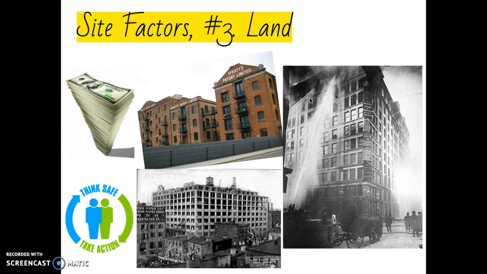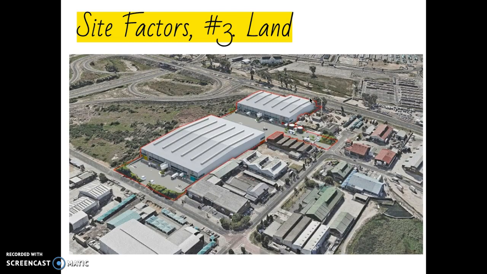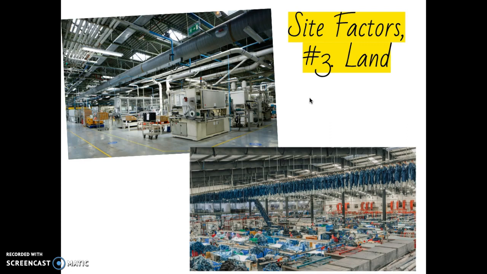So today we actually see factories spread out in one-story buildings, and they are typically outside of a city due to easy access to transportation routes. Also, it's less expensive to buy land in suburban and rural locations today than it is in the city center. So factories can spread out more, be safer, and spend less money on the land that they're buying.